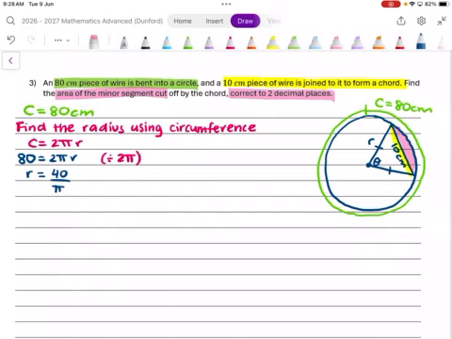The next thing we want to do is find our theta. So in order to find theta, we just need to look at the triangle that we have been given.